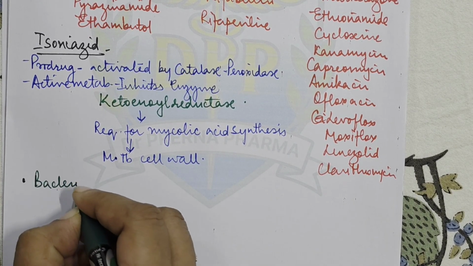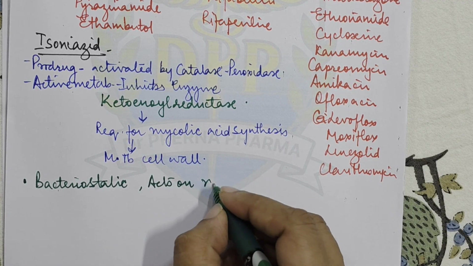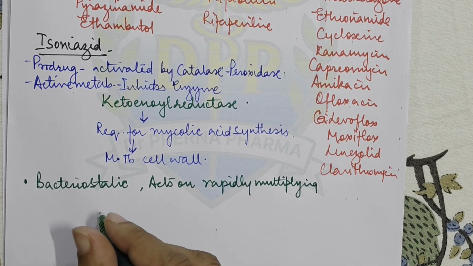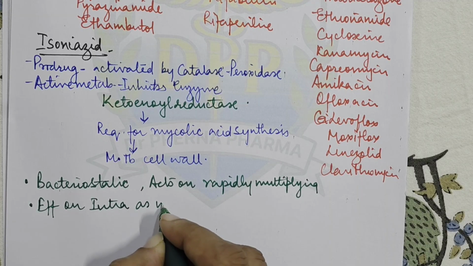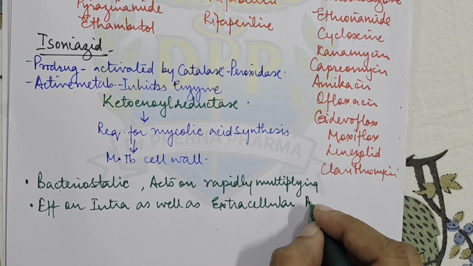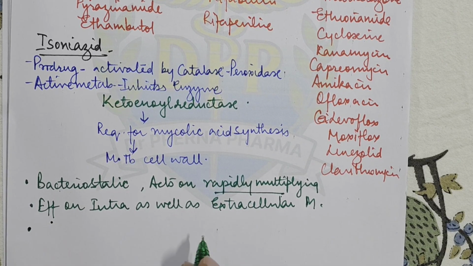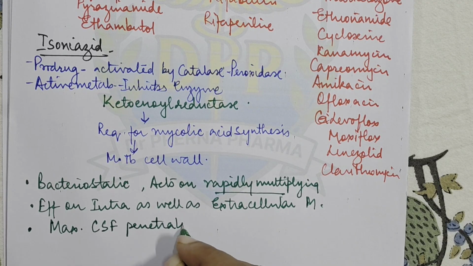Now these are important points related to it. It is bacteriostatic, right? It acts on rapidly multiplying TB organisms. It is effective on intracellular as well as extracellular mycobacteria, right? Action is most marked on the rapidly multiplying bacteria. It has maximum distribution and maximum CSF penetration.